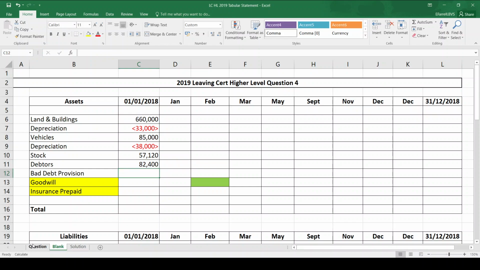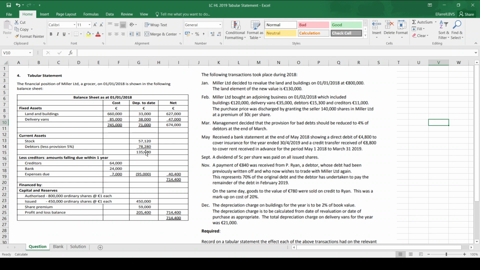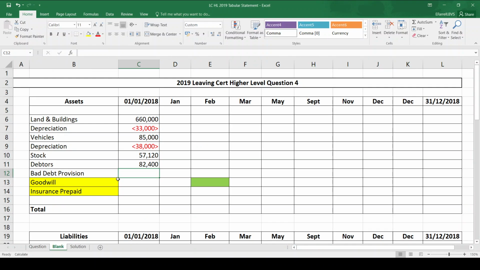And then the provision would be the difference between the 78,280 and the 82,400, which is minus 4,120. And again, these two figures should net down to 78,280 that is in the question. And we won't worry about goodwill or insurance prepaid. They will be added to the question later on. There's no opening balances for those.